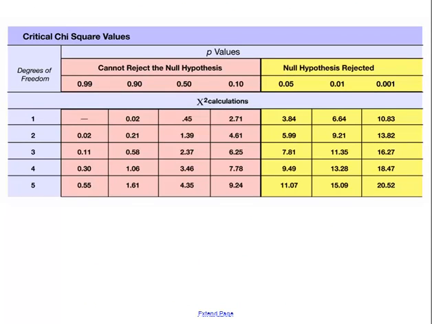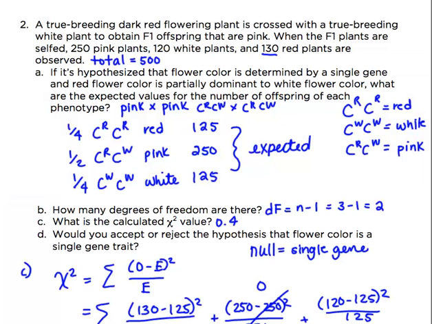So we have degrees of freedom of 2, and our chi-square value is 0.4, which is somewhere in the middle here. So that means that between a 50% and 90% chance that these deviations from our expected numbers is just due to random chance, and therefore we cannot reject the null hypothesis. Which means, because our null hypothesis was a single gene and we can't reject it, we would accept the hypothesis that it is a single gene trait.